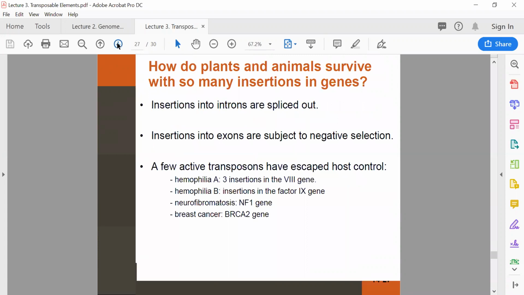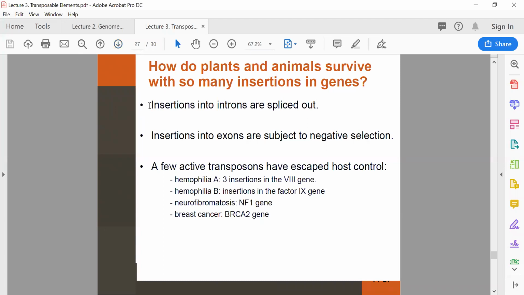So that raises a question. How do plants and animals survive with so many transposons and retrotransposons in the genome? So much mobile DNA in the genome. All right, so there's 3 points to consider which can help to answer this question.